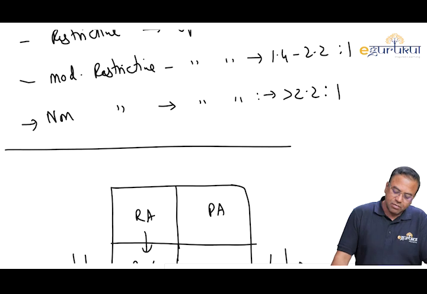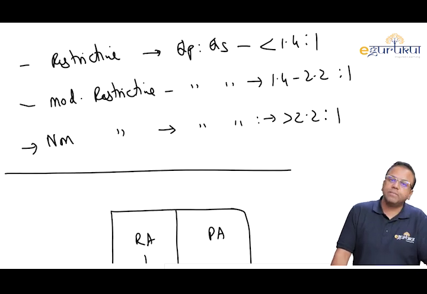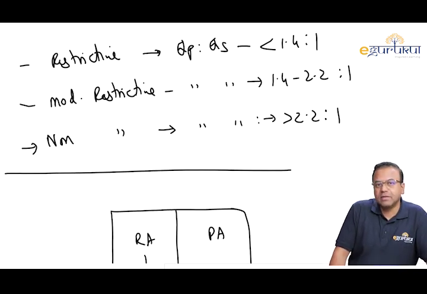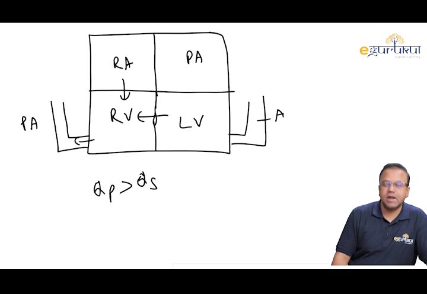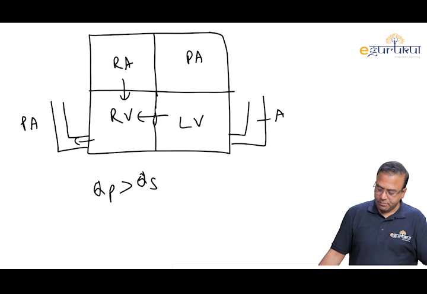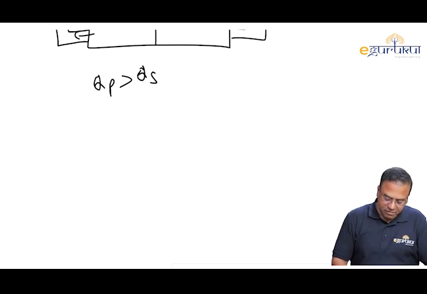Now the important idea to understand is that small VSDs are less likely to be symptomatic, while large VSDs come with early symptoms. The question remains, what are the symptoms that we can anticipate in a ventricular septal defect?